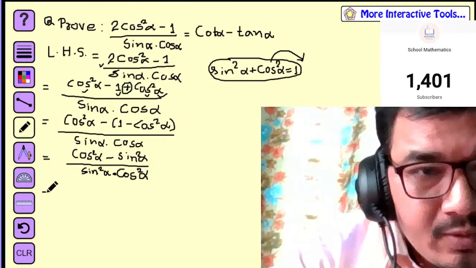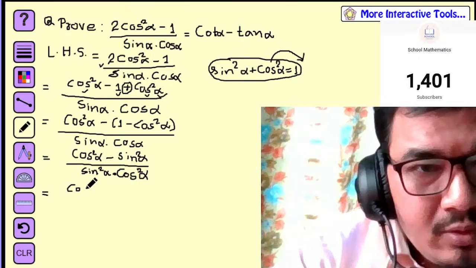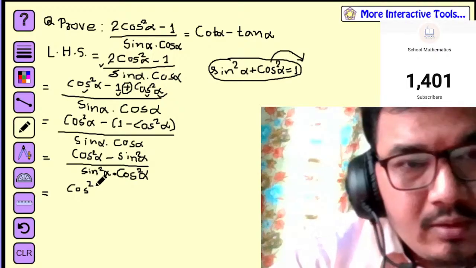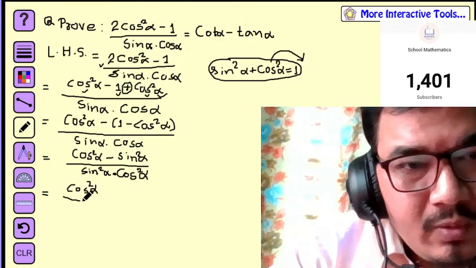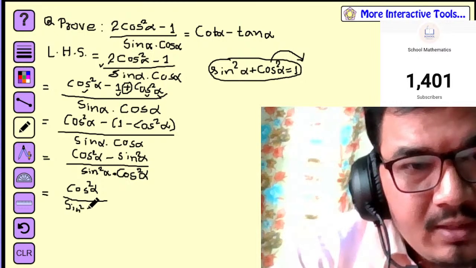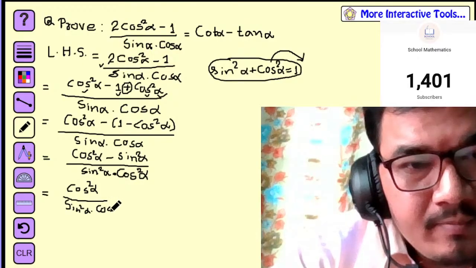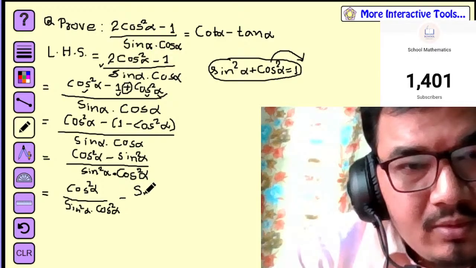Now look here, children, we can separate like this: cos square alpha, and down, the single term remains, sine square alpha into cos square alpha, copy the same. And here is minus, then write this separately, sine square alpha.